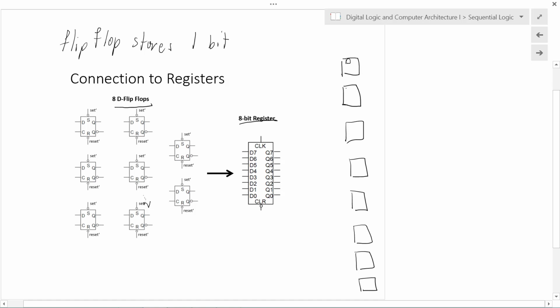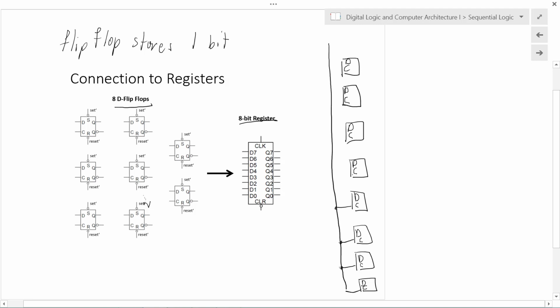We have a D value for each of these. Then we have a clock value represented by C. The clock is connected all to the same wire, all to the same clock input, all to all the clock inputs of the D flip-flops.